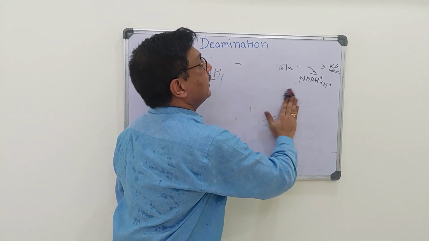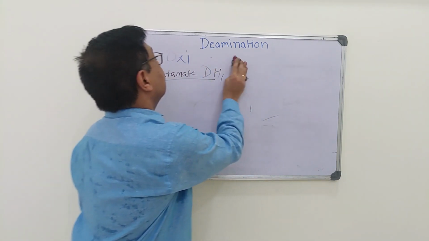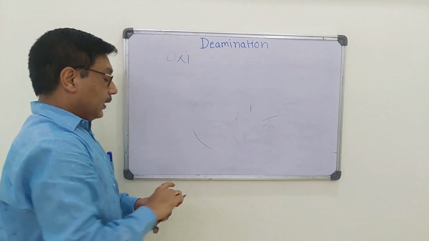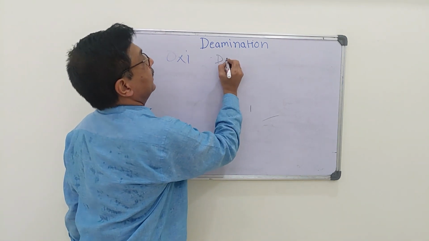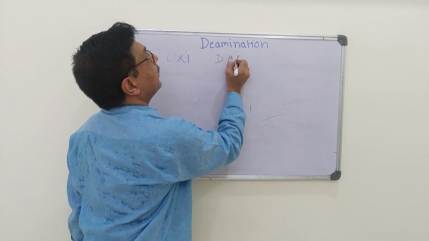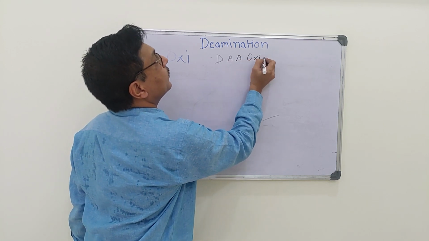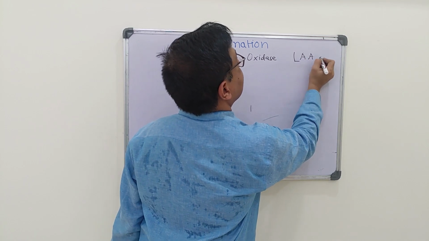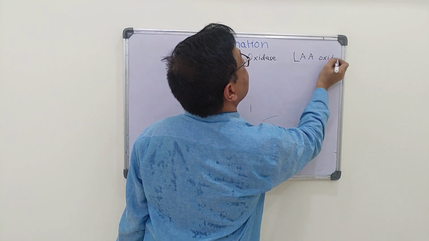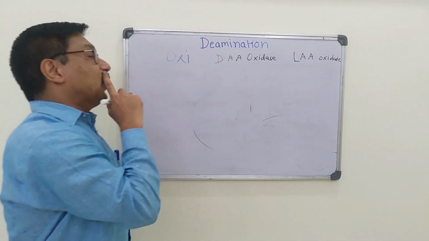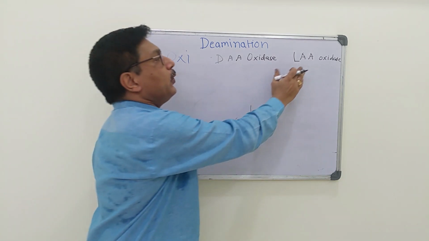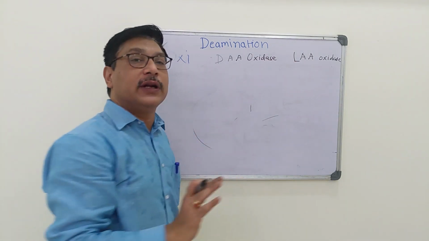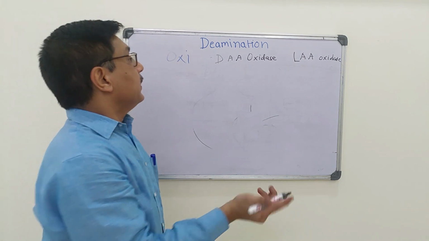Now let us see the second enzyme, that is D-amino acid oxidase and L-amino acid oxidase. These L-amino acid oxidase and D-amino acid oxidase are flavoproteins.